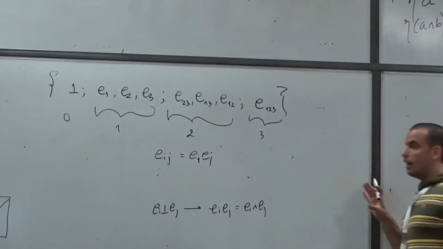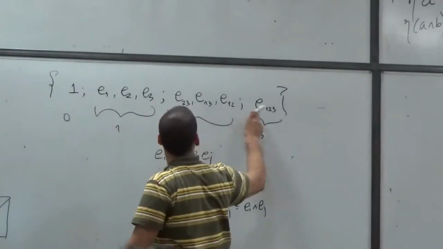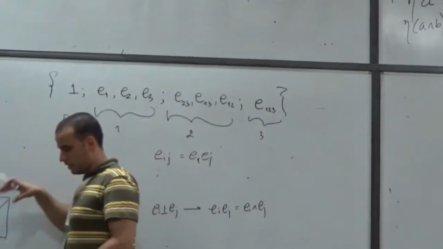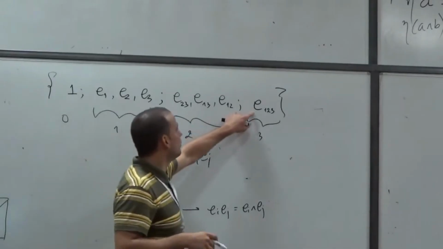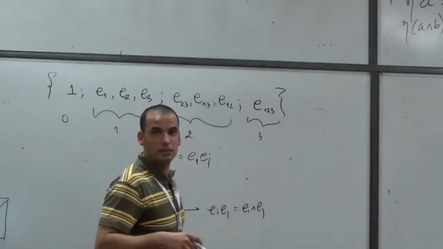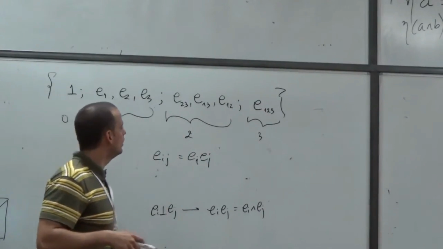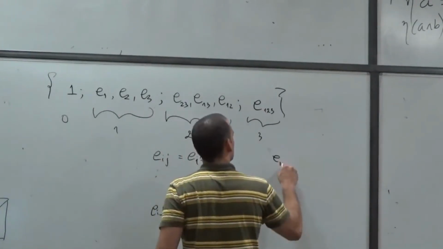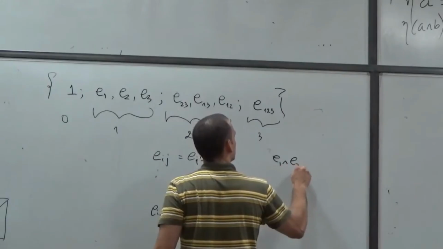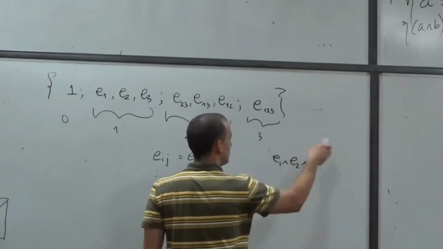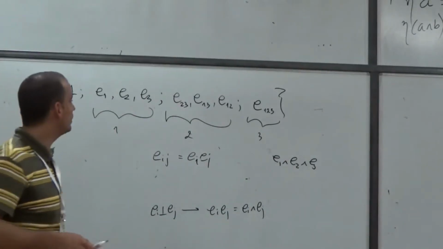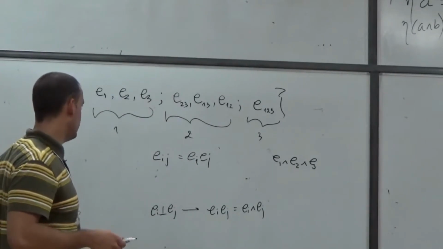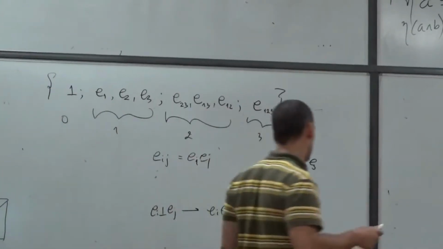So apart from the scalar, we have a pseudo-scalar, the other thing which is 1-dimensional, spanned by the volume element. This is E1, E2, E3. The determinant, like in matrix algebra, is the mixed product, the triple product.